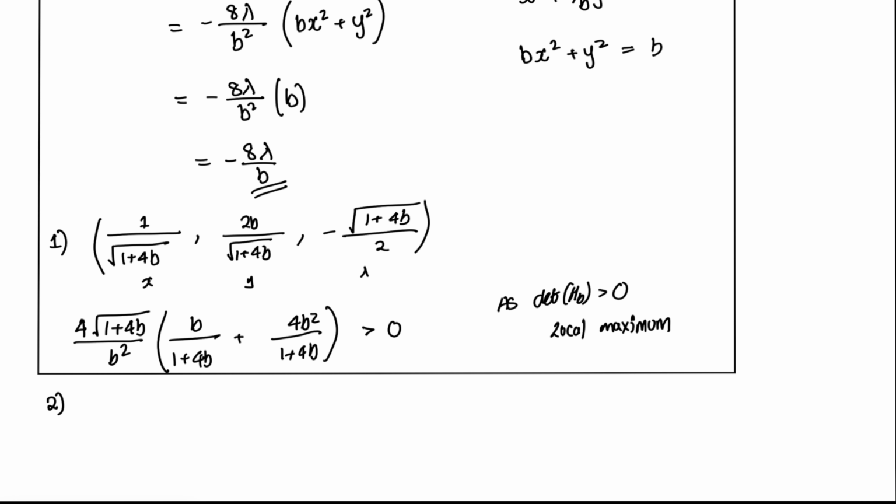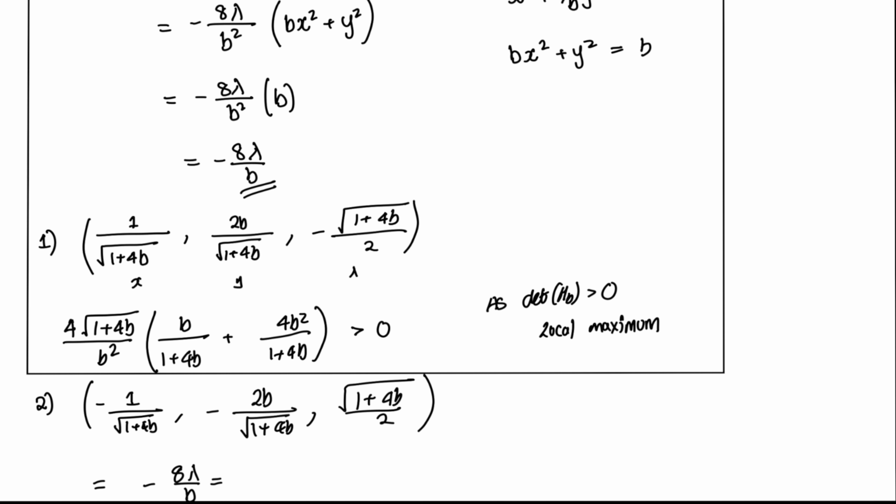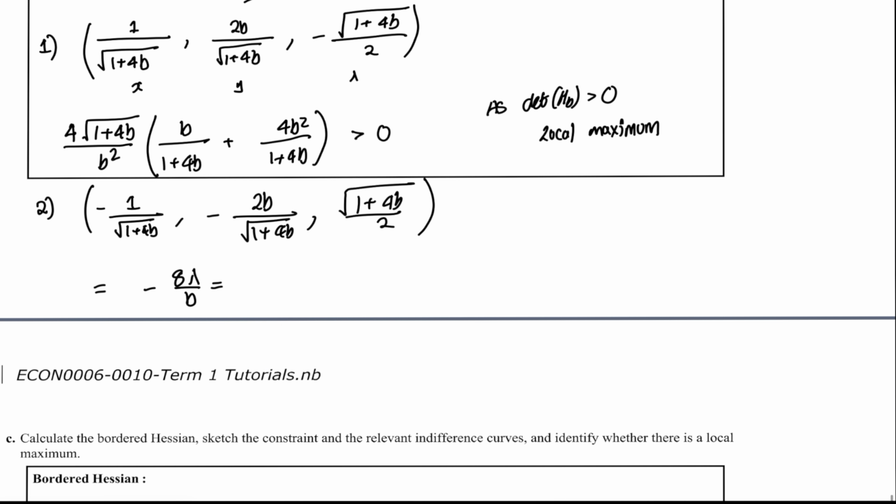If we now look at solution number 2, which was negative 1 over root 1 plus 4b, and negative 2b over root 1 plus 4b, and then root 1 plus 4b over 2. This time if I use this, we have minus 8 lambda over b, which is minus 8 times root 1 plus 4b over 2, over b.